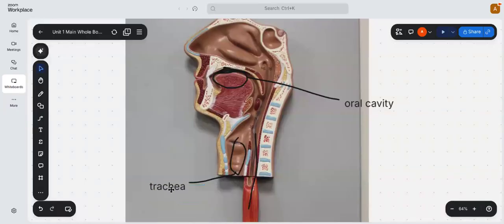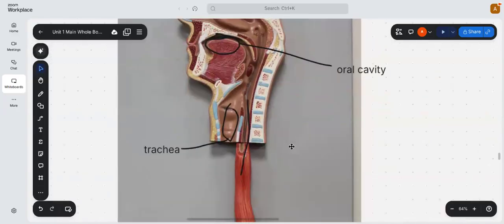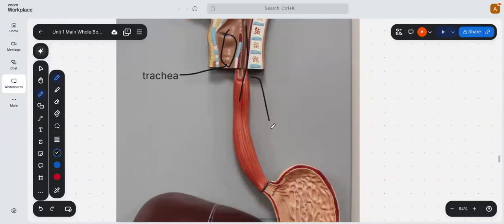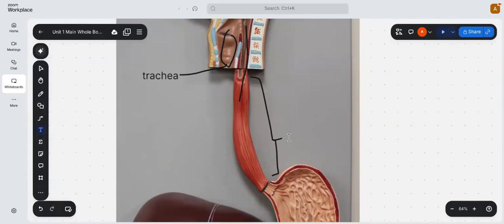The muscles that are there make you cough and try to push the food out because you don't want the food going into your respiratory system. You want it going into your digestive system. So this whole region over here, that would be your esophagus.